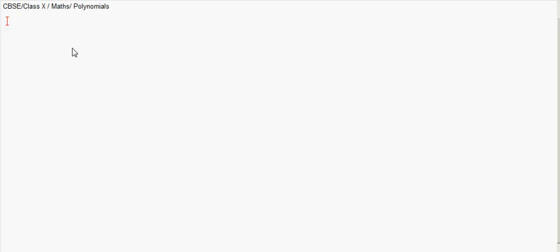It says find the sum and the product of zeros of the given polynomials.